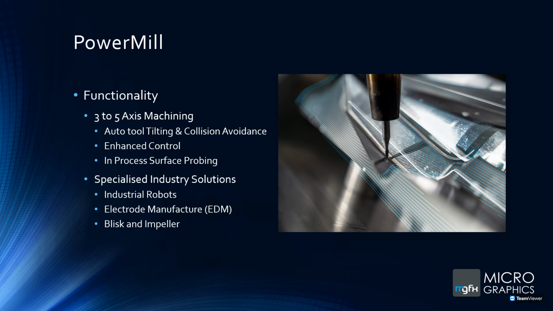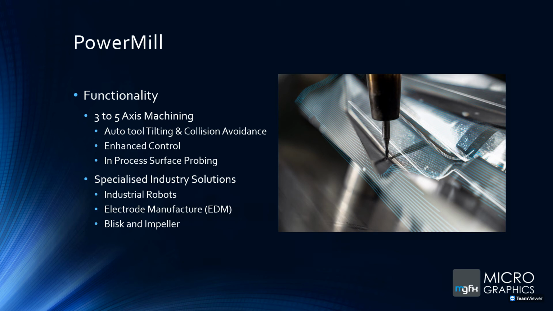But what PowerMill gives you is it offers tools for specialized industrial solutions. So here you're really looking at specialist environments. You're looking at offline programming of industrial robots and electrode manufacturing for EDM, EDM being electrical discharge machining, and also operations for machining of blisks and impellers.